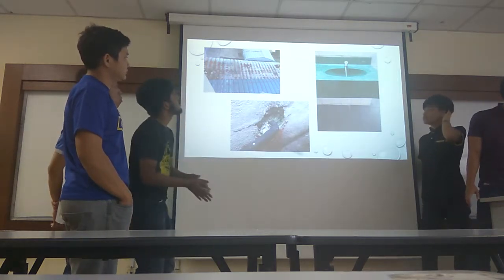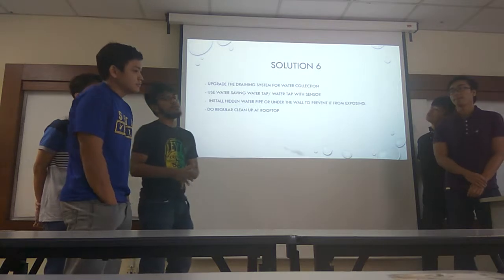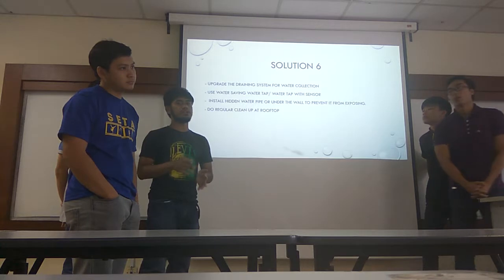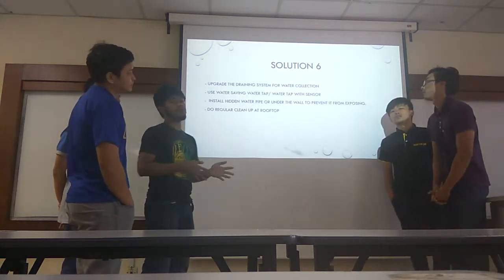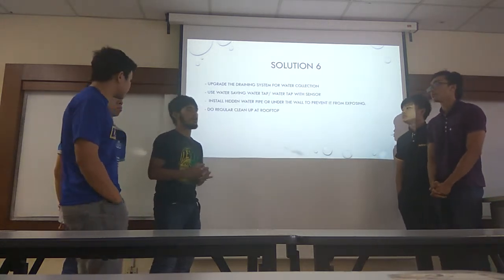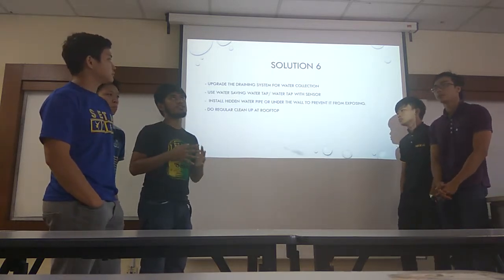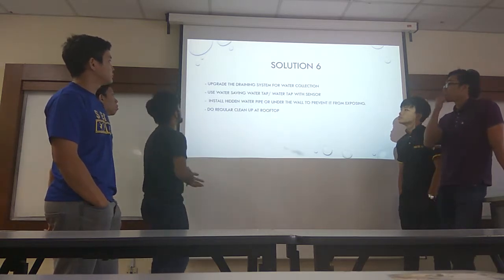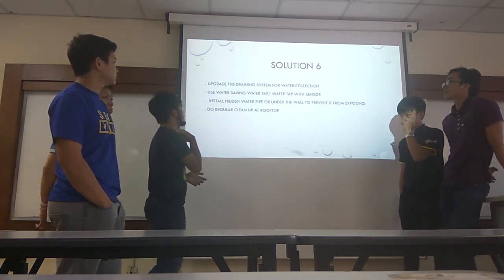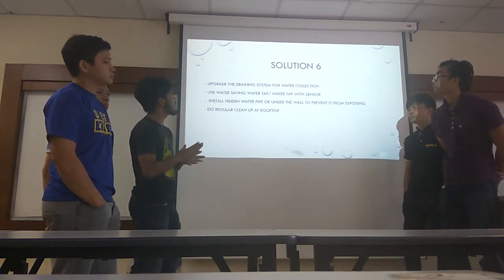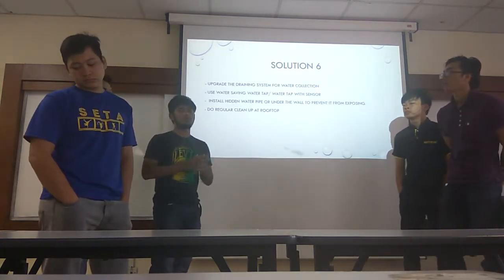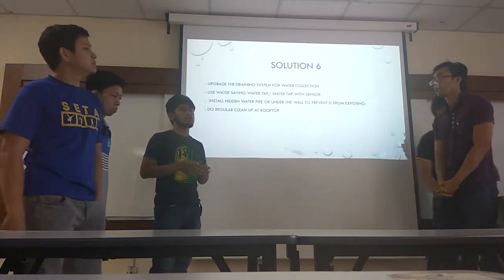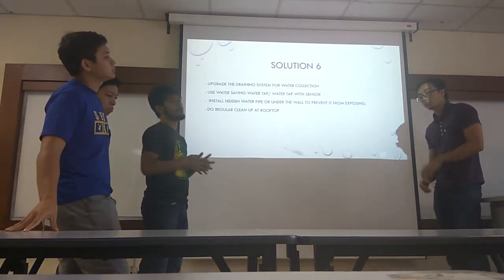So next slide. So we know what the problem is about sanitary and drainage. Obviously it's not clean, especially at the rooftop of the college itself. So the solution for this problem is we have to upgrade the draining system for water collection, which is we use the rainwater for a better purpose.